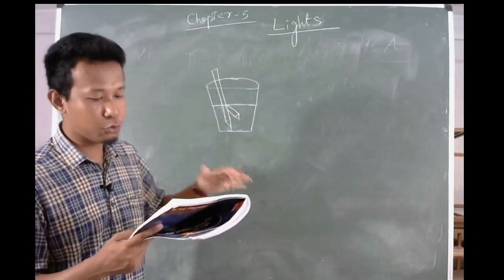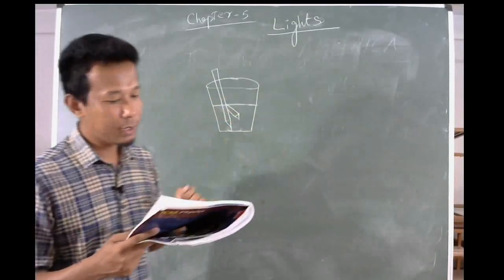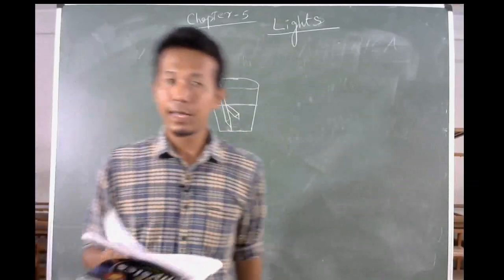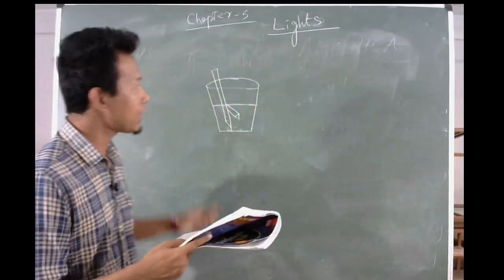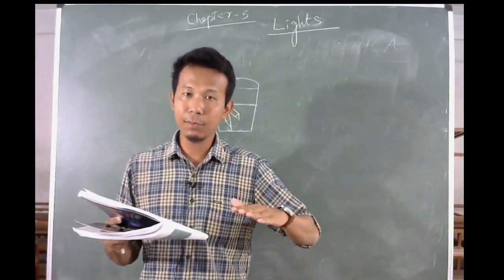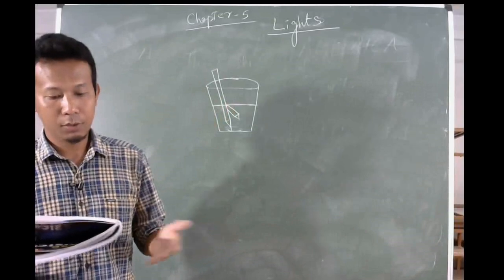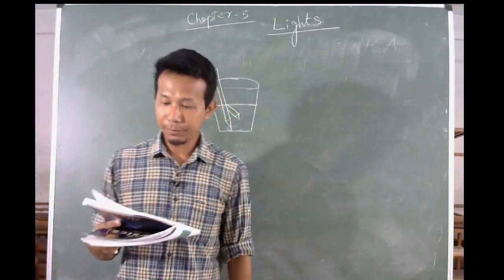When it is entering an optically denser medium, the speed of light will slow down. Oppositely, when it is going from a denser medium to a rarer medium, the speed of the light will increase.